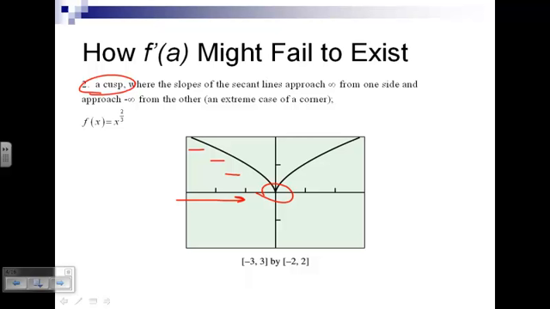It becomes vertical. What about on the right-hand side? Positive, positive, positive. Positive and more steep as we get closer and closer to 0. The right-hand derivative in this case ends up being positive infinity. Last time I checked, negative infinity and positive infinity don't equal each other. The limit doesn't exist, so therefore the derivative doesn't exist.